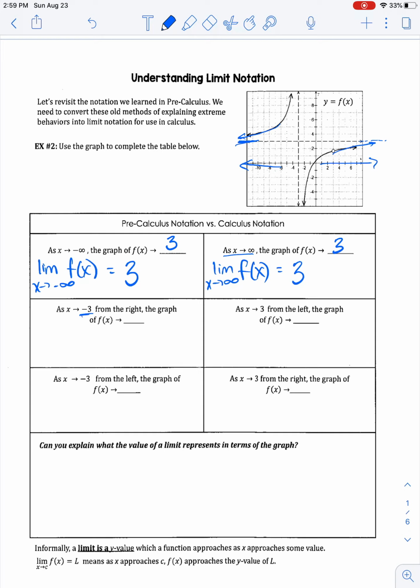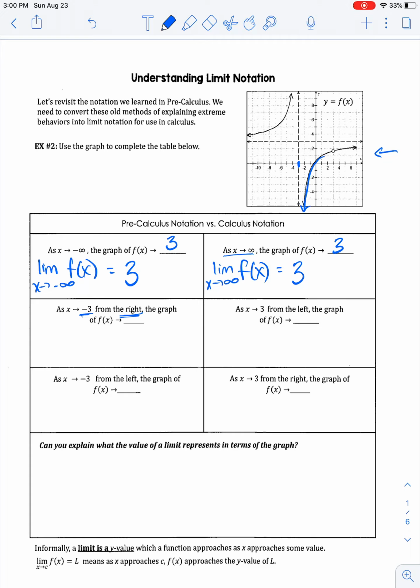Okay, so now we're headed to -3 from the right, and I want to know where the graph is approaching. So let me erase some of this. Okay, so as we approach -3, so there's the x value that's -3 from the right. So I'm coming in from this side. So here's my graph from the right as we approach -3.